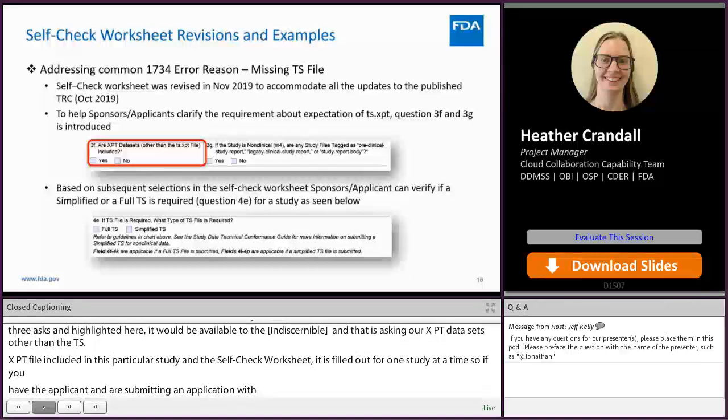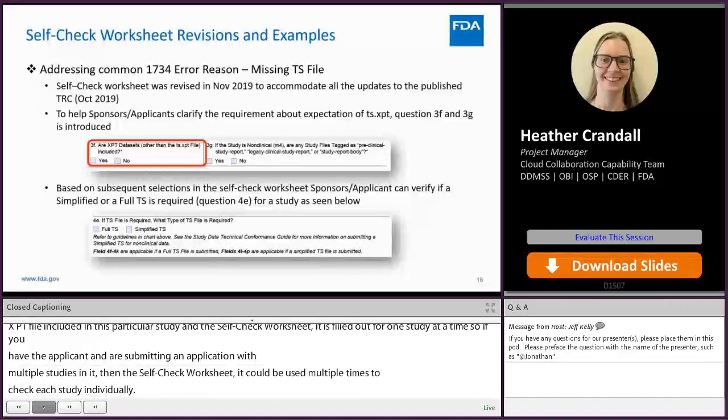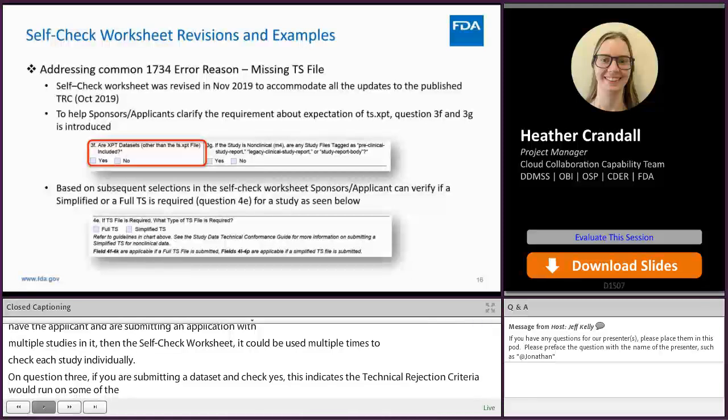So for question 3F, if you are submitting XPT datasets and you check yes, this indicates that the technical rejection criteria would run on some of these clinical studies, and further questions would be populated based on this information, including, is a full TS or simplified TS required?